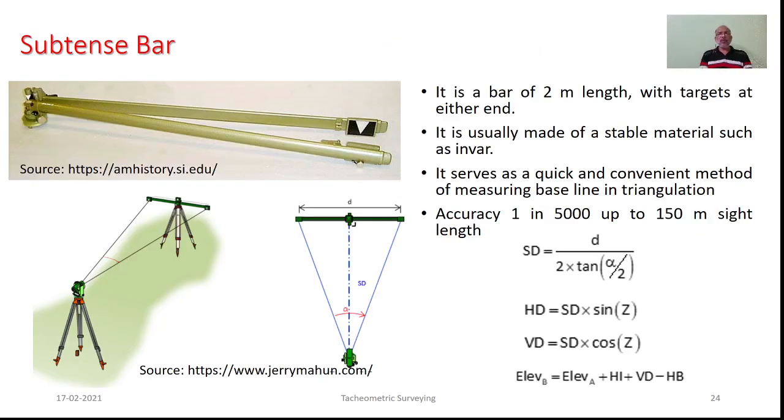One more class of tachometry is using the subtense bar. It is also an indirect method.